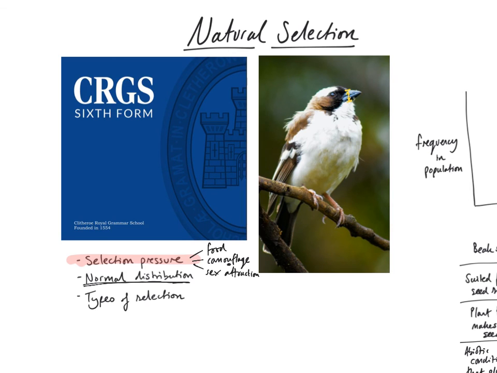And the types of selection, this is where people get confused, because there's natural selection and artificial selection, but both can be subdivided into directional selection or stabilizing selection, or as you'll see in year 13, disruptive selection. All of those can be described mathematically, because in one the mean changes, in the other the mean doesn't change, and the standard deviation gets smaller for stabilizing selection, and you'd expect it to be roughly the same for directional. Okay, I'll stop there.